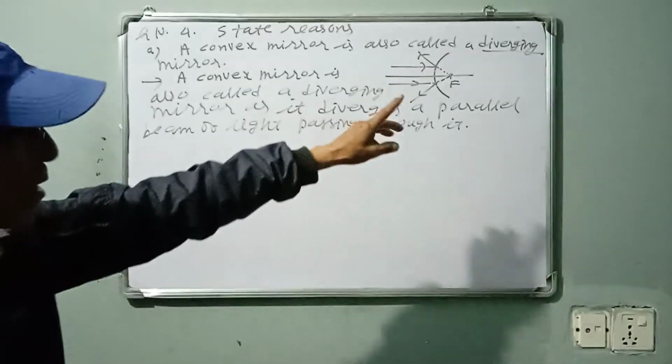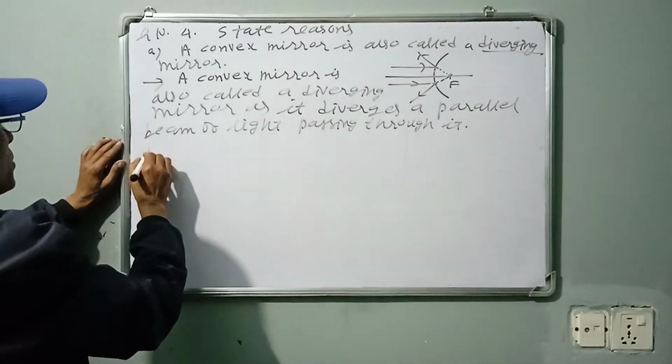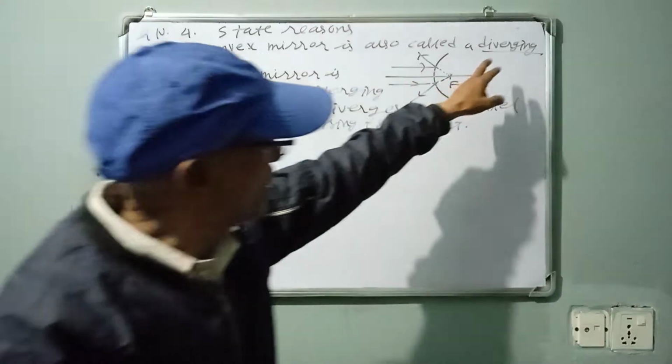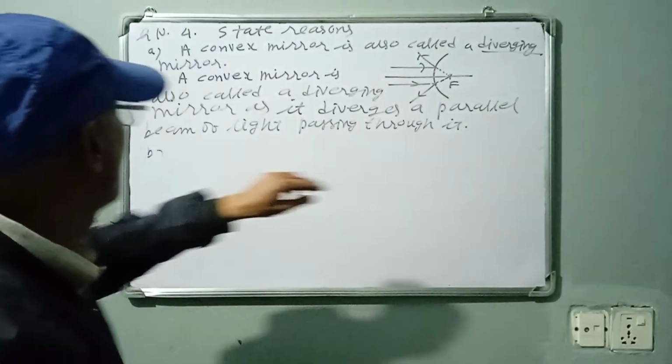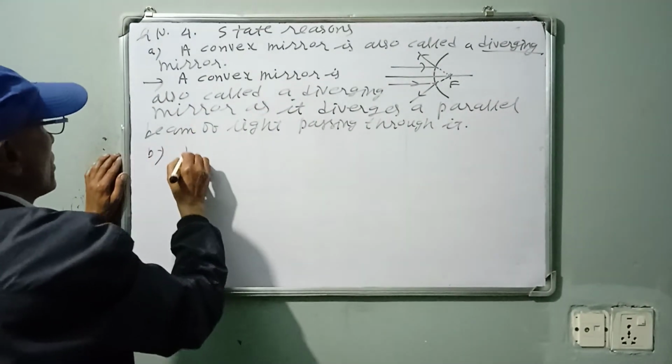It diverges everything that passes through it. So it is called a diverging mirror.